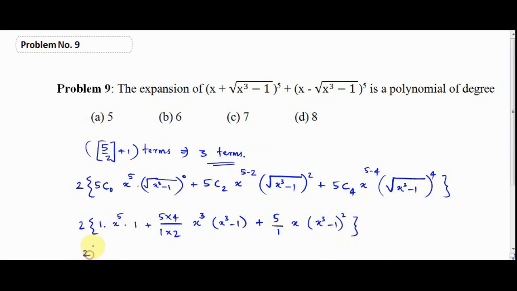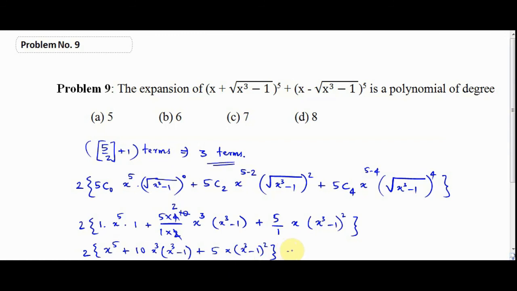So this can be rewritten as 2 into [x^5 + 4 and 2 gets cancelled, so here we will get 2. So 5 into 2, that is 10 x³(x³ − 1) + 5x(x³ − 1)^2].